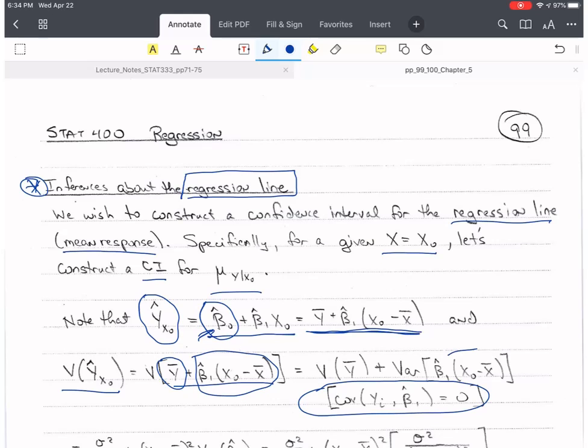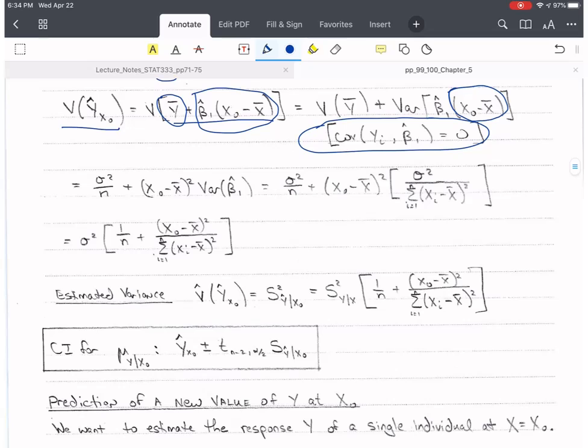Now recall that x is a fixed quantity here, so this is basically a constant. So when we take the variance of a constant times a random variable, we pull the constant out and square it. And that's exactly what we've done here. And the variance of y bar, the variance of a sample mean, is sigma squared over n. And so we substitute that in for the variance of y bar.